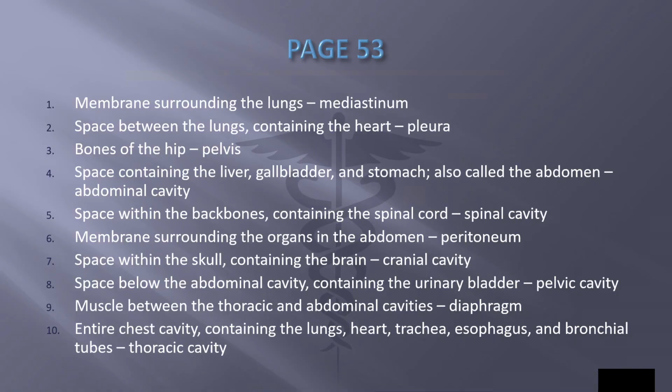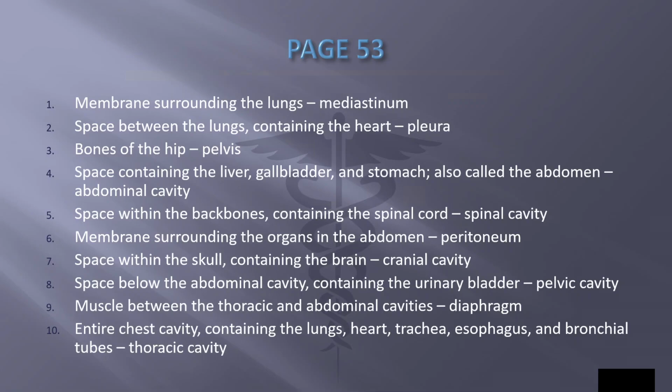Number 6, membrane surrounding the organs in the abdomen. This is the peritoneum. Number 7, the space within the skull containing the brain is the cranial cavity. Number 8, space below the abdominal cavity containing the urinary bladder. This is known as the pelvic cavity.